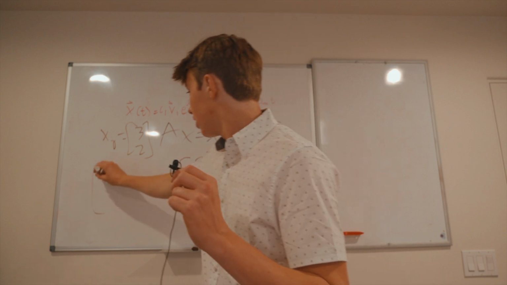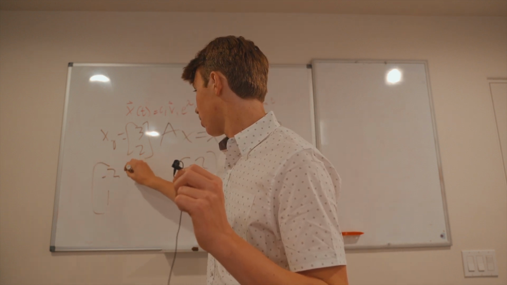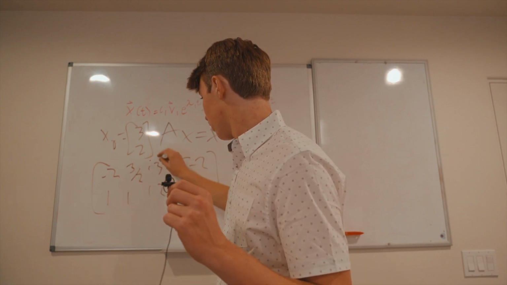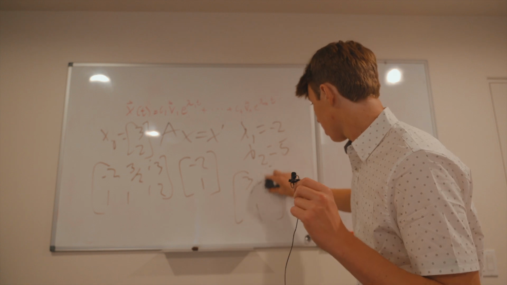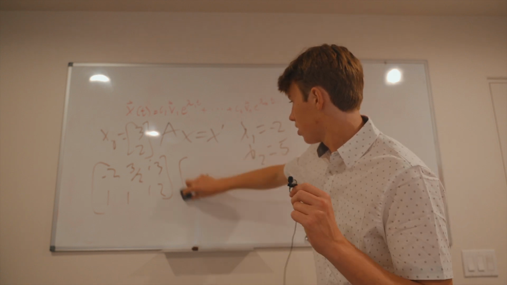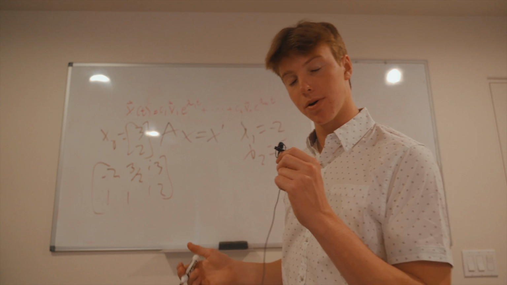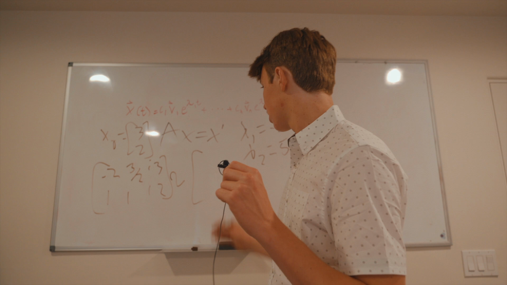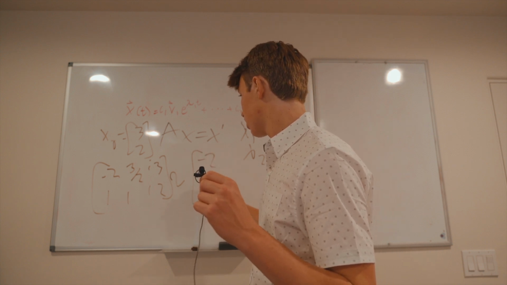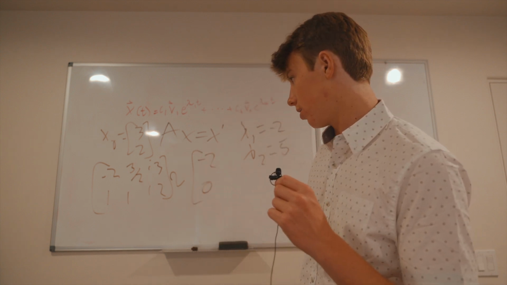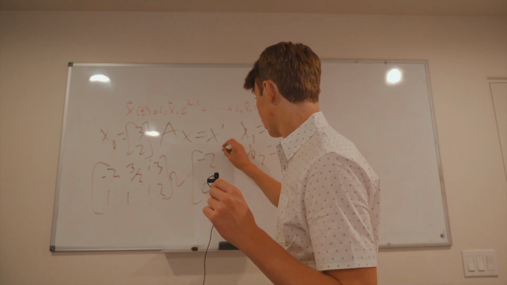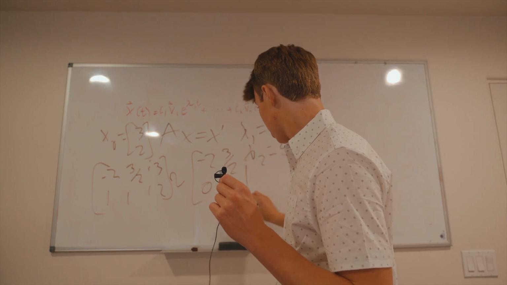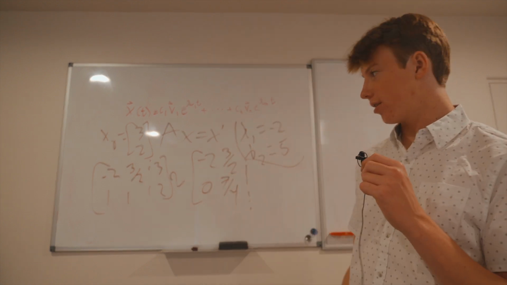So we have negative 2, 1, 3 over 2, 1, and 3, 2. And by row reduction, this will give us 2, 0, and 3 over 2, 7/4, and a half.